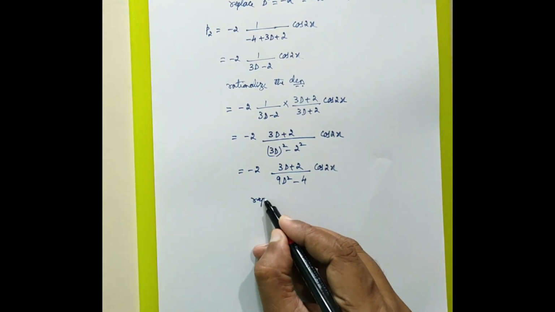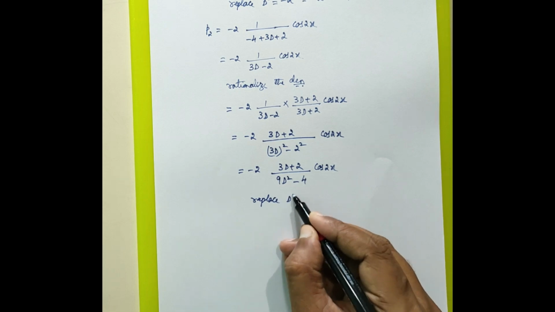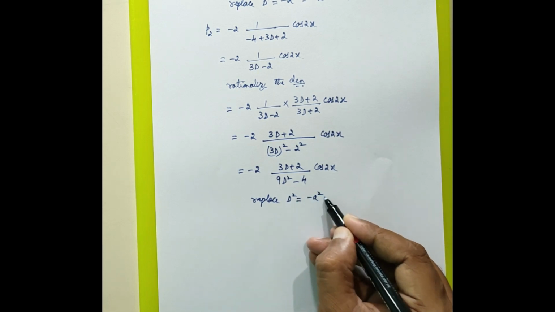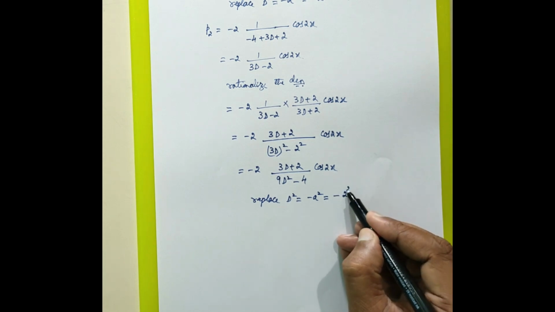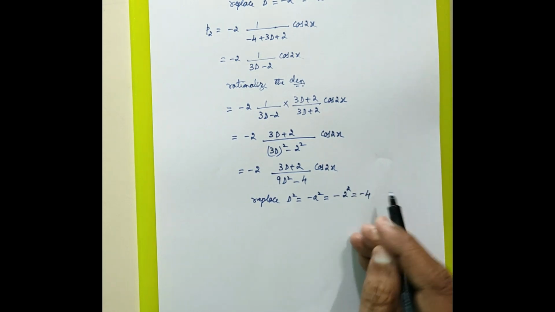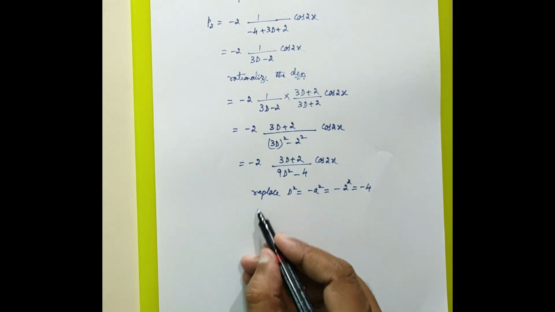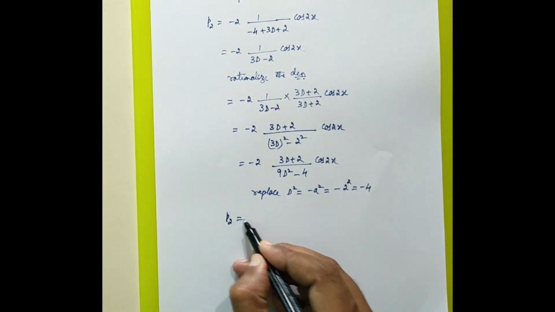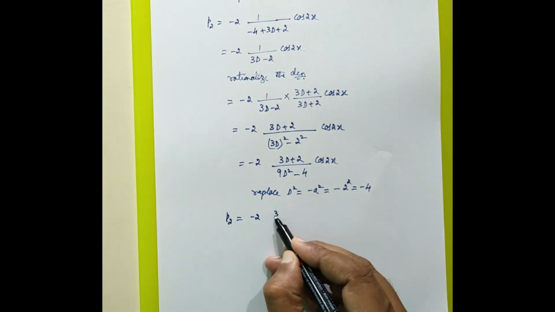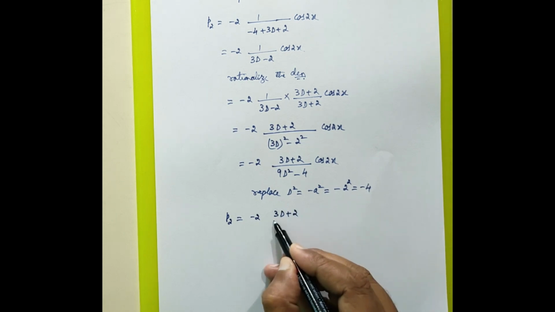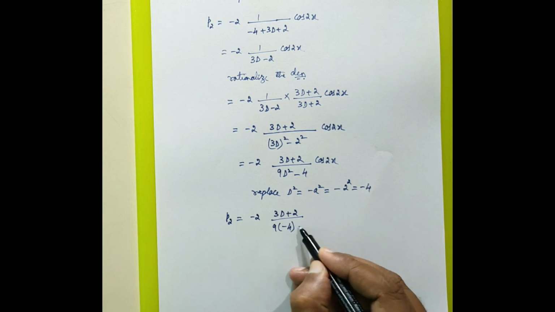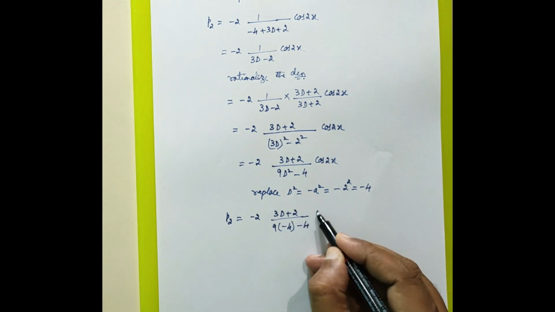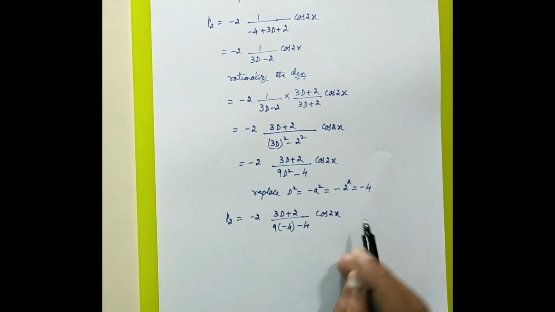Now we'll try to replace the value of D square by minus a square. So a value over here is 2, so 2 square will be minus of 4. So P2 will be equal to minus 2 times of 3D plus 2 divided by 9 times of D square value, which is minus 4, times of cos of 2x.